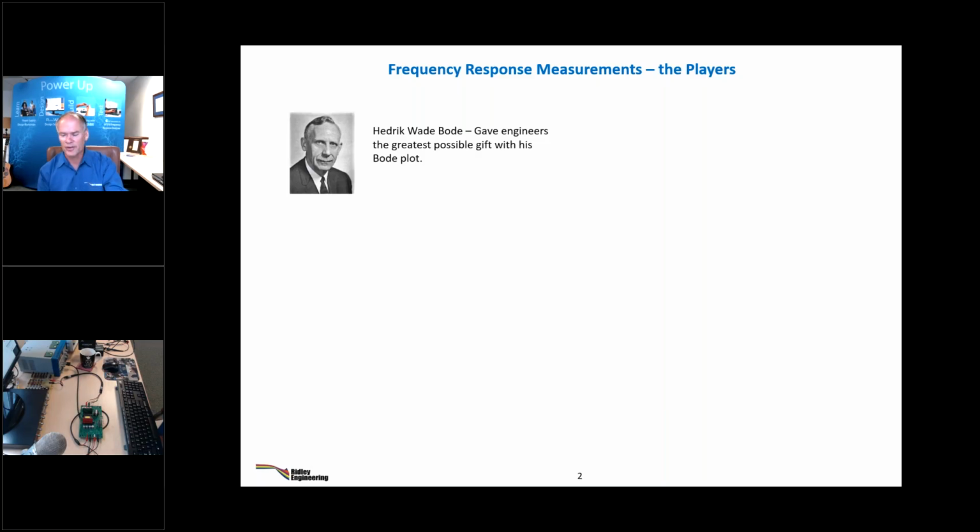He actually came into control a bit later in his career, did many other analytical things before that. And quite honestly, he gave modern engineers, especially power electronics engineers, the greatest possible gift he could with the Bode plot, which is plotting the relative gain of two signals and plotting the phase of the two signals at the same time. And we'll see why that was such a great gift.